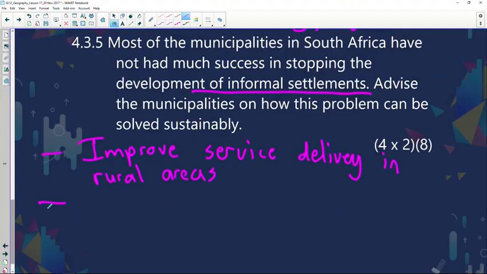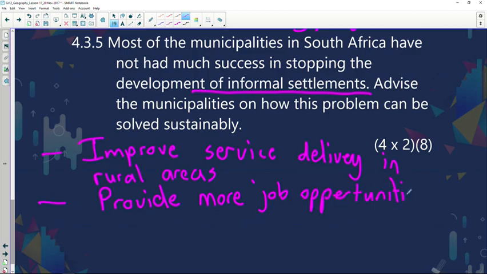Another thing that the municipality can do is provide more job opportunities. Now, once again, we can move back and discuss the push and pull factors. What pushes the people away from rural areas?